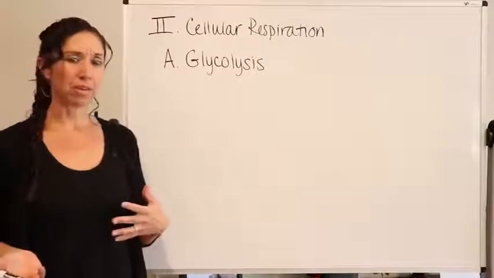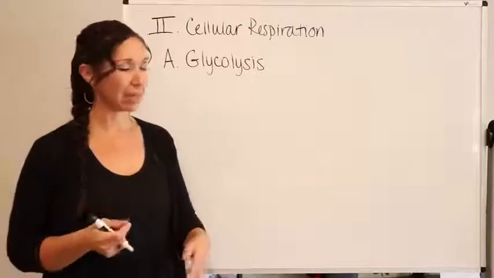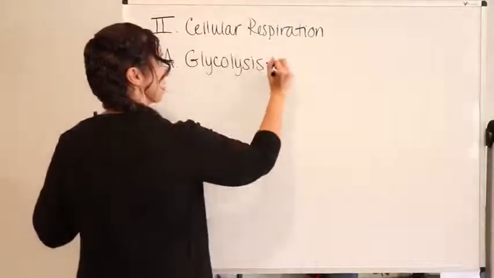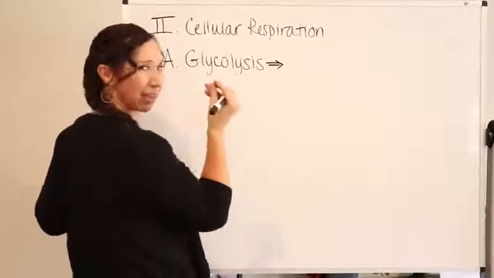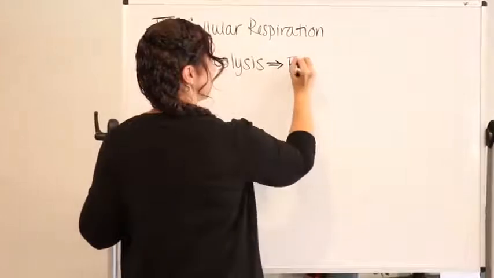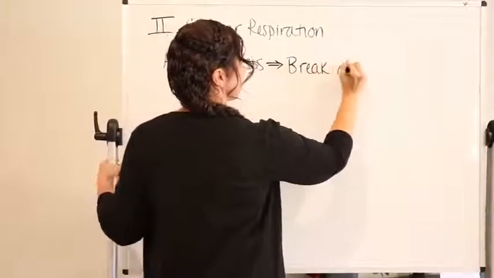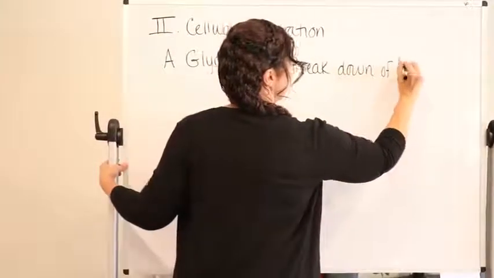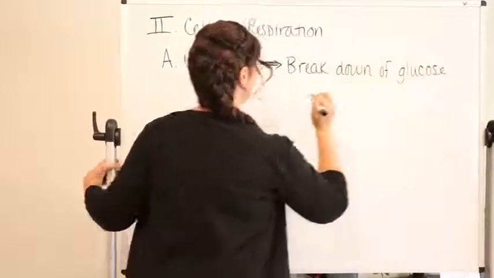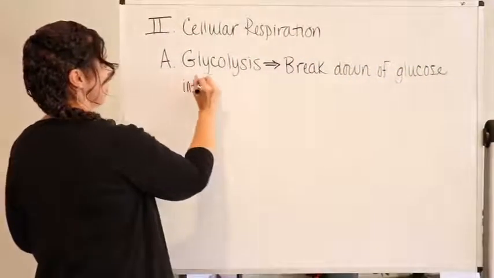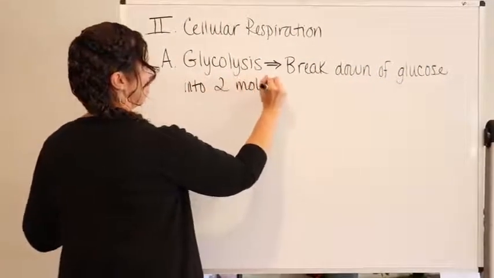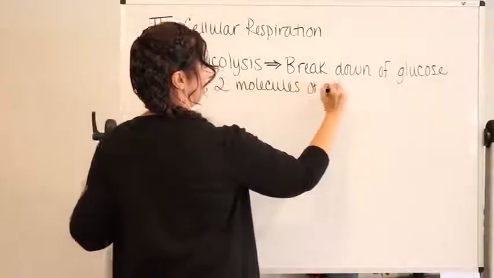You may also read somewhere that's pyruvic acid, pretty much the same thing. Whenever you see the word lysis, something is getting broken down. The breakdown of glucose into 2 molecules of pyruvate.